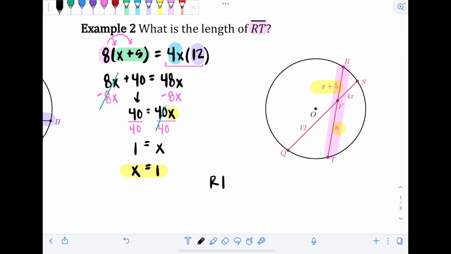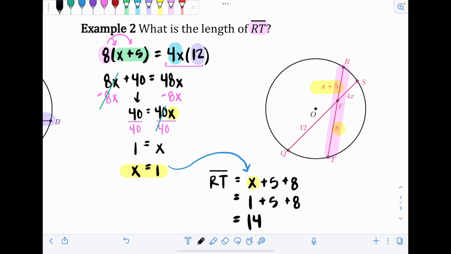Segment RT is x plus 5 from that first part from R to F, and then plus 8 from F to T. Now I just need to take that 1 and substitute it in for x, and that'll give me the total length of segment RT. So it'd be 1 plus 5 plus 8, and 1 plus 5 is 6, and 6 plus 8 is 14. So the length of segment RT is going to be 14 units.